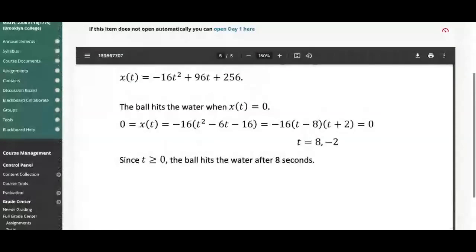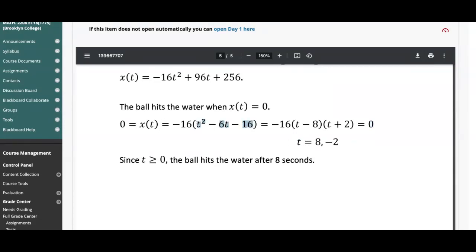Okay, right here. When the ball hits the water, that means the height of the ball is 0. So we want to solve for t in this equation. We have the downward parabola equal to 0, and we want to solve for t.